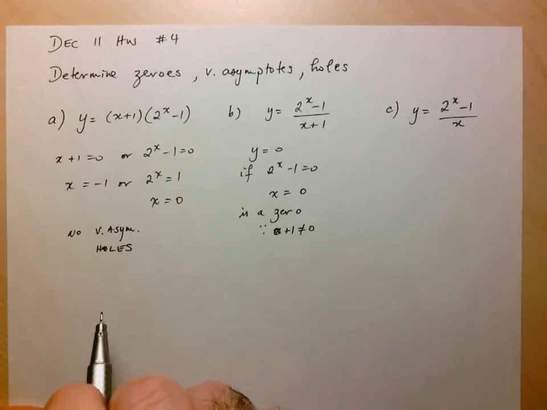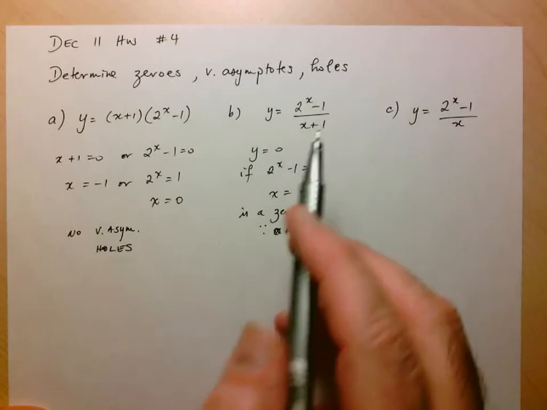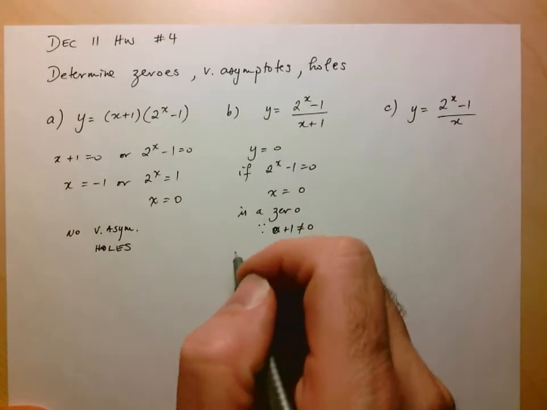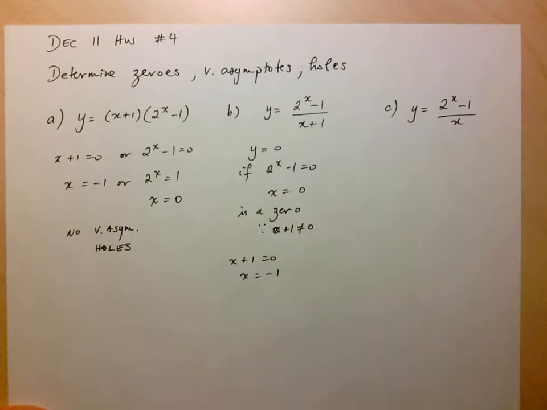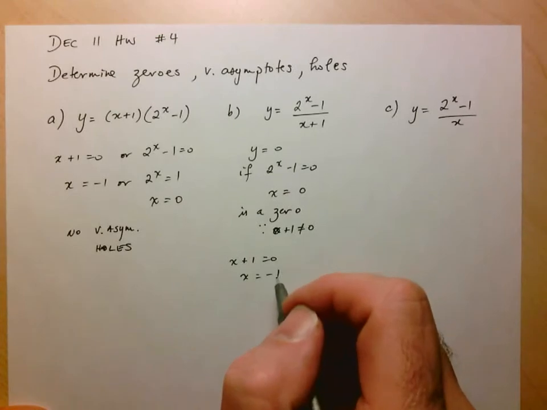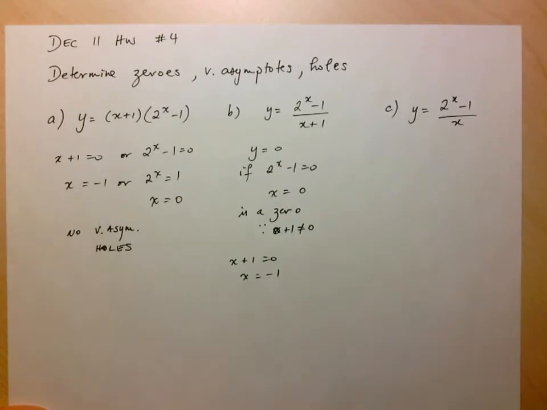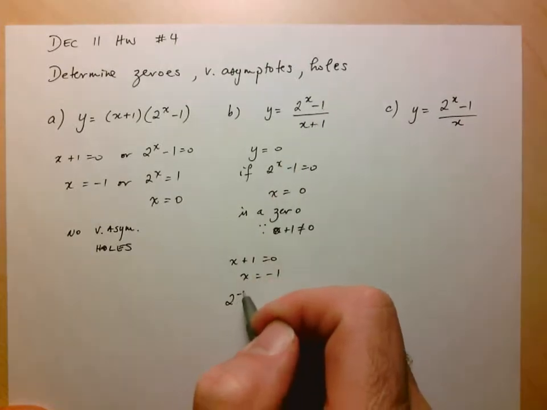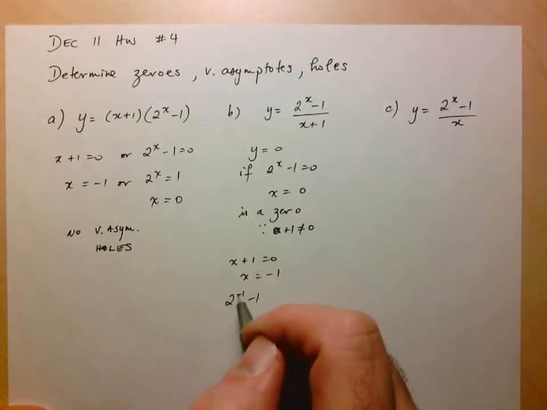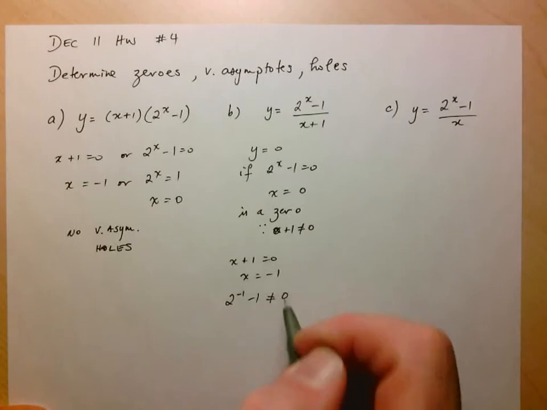Now let's take a look to see if there are any asymptotes or holes. I see here that x plus 1 equals 0 when x is equal to -1. So this makes the denominator 0. I just have to check whether the numerator is 0. So 2 to the -1 minus 1, well, clearly 1/2 minus 1 is not equal to 0.